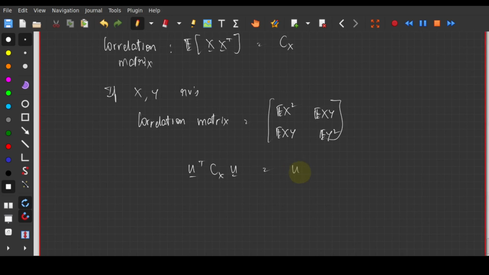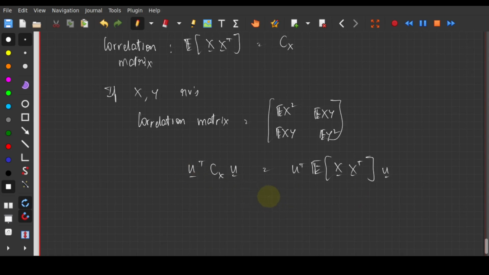But what is this equal to? This is u transpose times expectation of x x transpose times u. u is deterministic, correct?